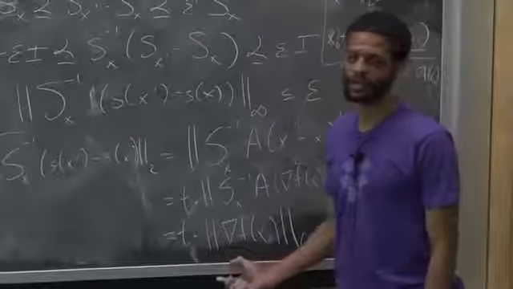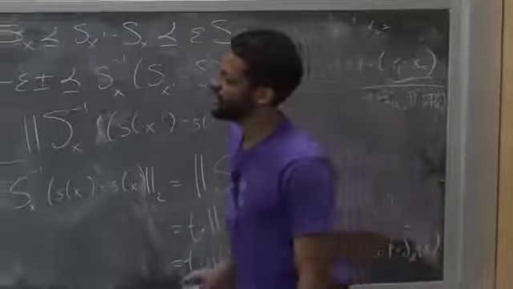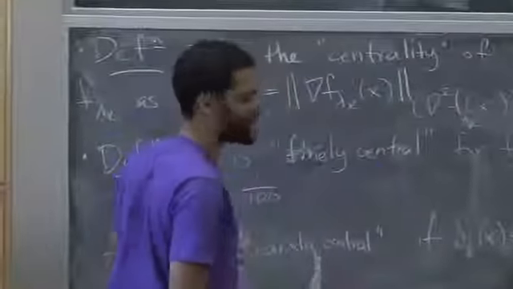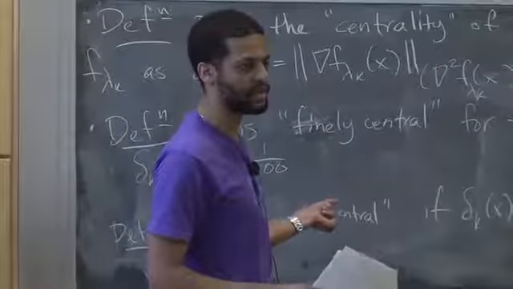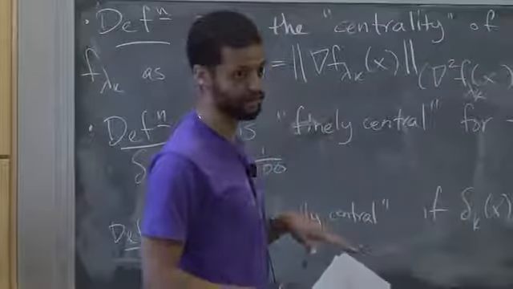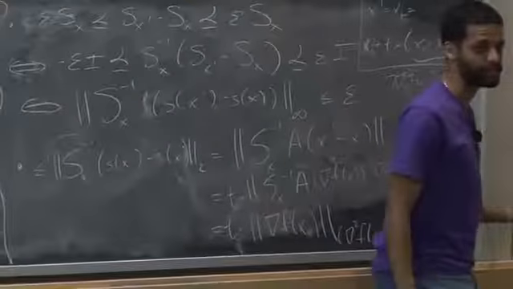So the point is, we updated lambda, and our finely central point became coarsely central. I haven't proven that yet. But the point is, it is coarsely central, which means that the centrality at that point is at most a third.